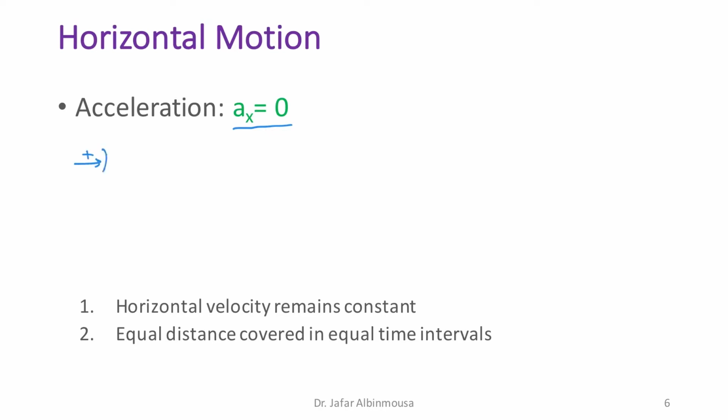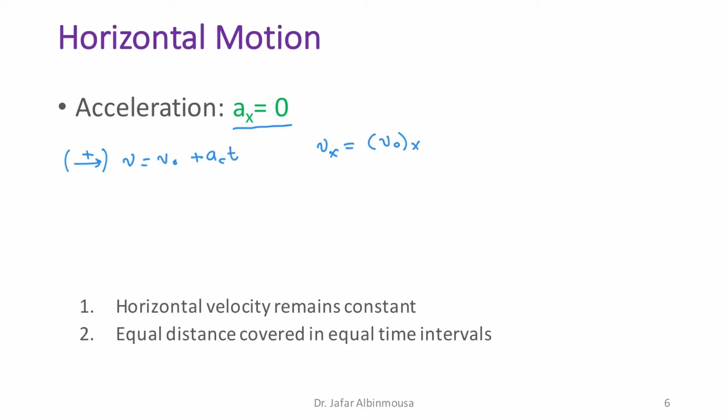If you remember, the first equation is v equals v0 plus a_c t. Written in particular for the horizontal motion of a projectile, this equation becomes vx equals v0x. There's no other part. The part which is a_c multiplied by t is gone because the acceleration is 0.